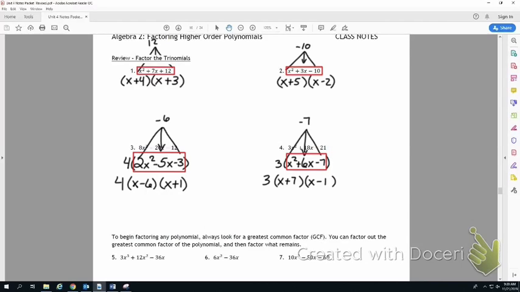Remember whenever there's a leading coefficient other than 1, it's not here because I factored out the 3. Here I factored out the 4, but the 2 is still there. So what is it that I have to do with that 2?